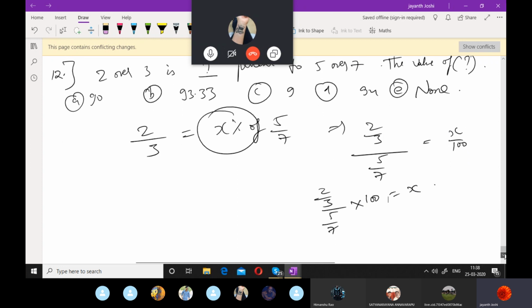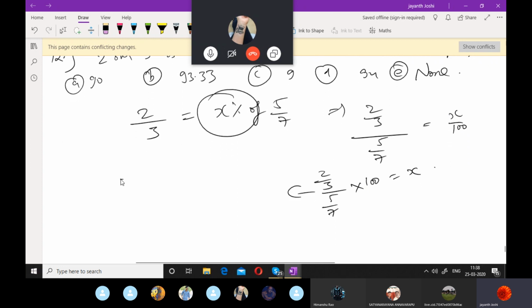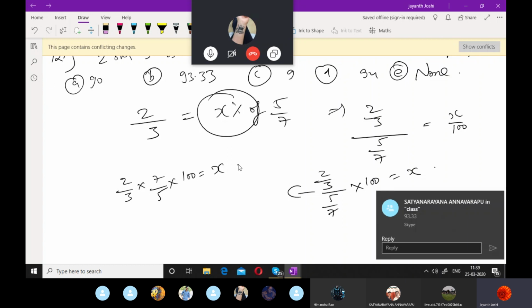Is asking the value of that particular question mark. So now I'll solve this. 2/3 into 7/5 into 100 is equal to x. Now find out the value and tell me. Tell me the value. Yes, 93.33.